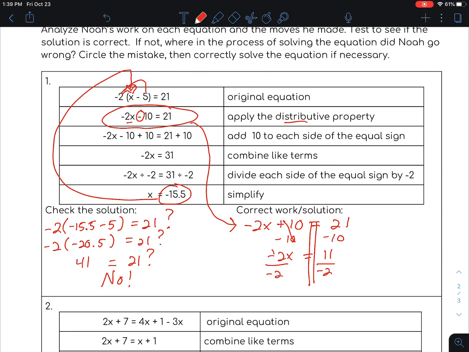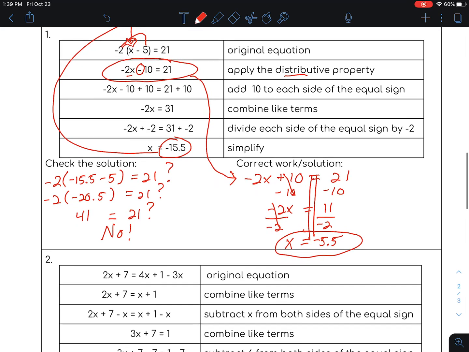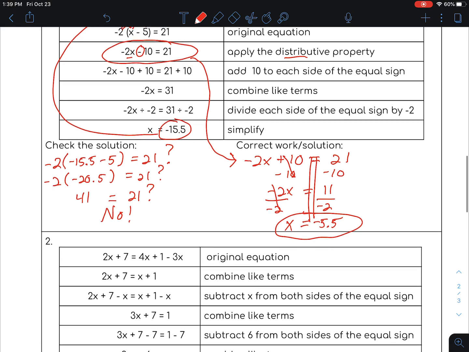And then dividing by negative 2 to undo the multiplication, we end up with x is equal to negative 5.5. So the solution is negative 5.5. And if you really want to double check that, now you can plug that back into the equation and see that it does work. Negative 2 times negative 5.5 minus 5 does equal 21.